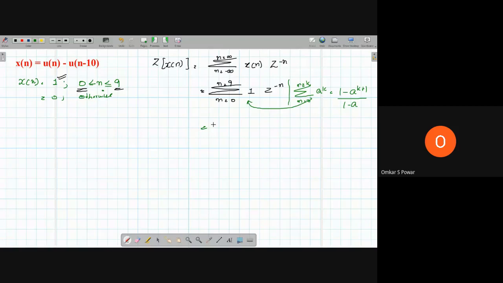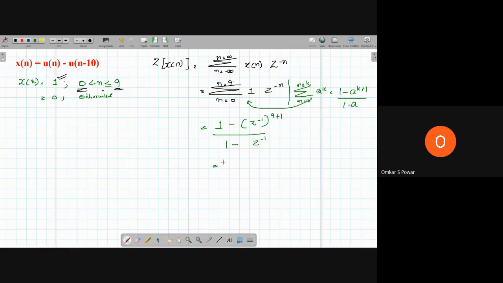So how can we solve this one? Your k is 9 here, and you can express this as z to the power of minus 1, whole to the power of n. That will become your a power n. So how can we simplify this? Your a here is z to the power of minus 1, and k plus 1, with k as 9, is 9 plus 1, divided by 1 minus z to the power of minus 1.